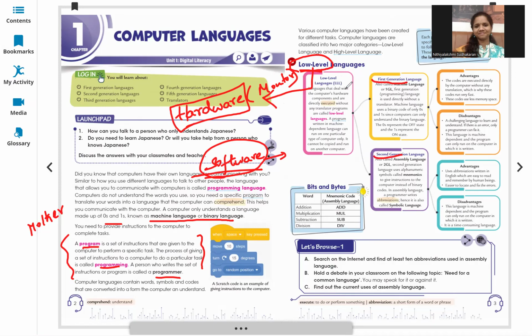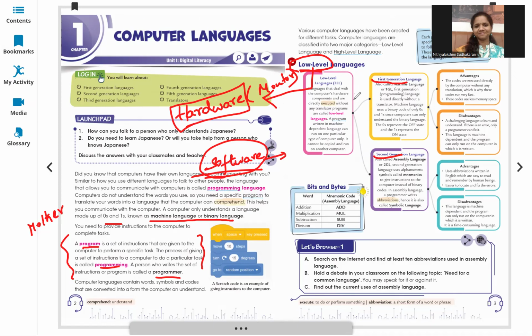Now, low level languages are the languages that deal with the computer's hardware components and are directly executed without any translator. A translator is something that makes a conversion. For example, Google Translator.